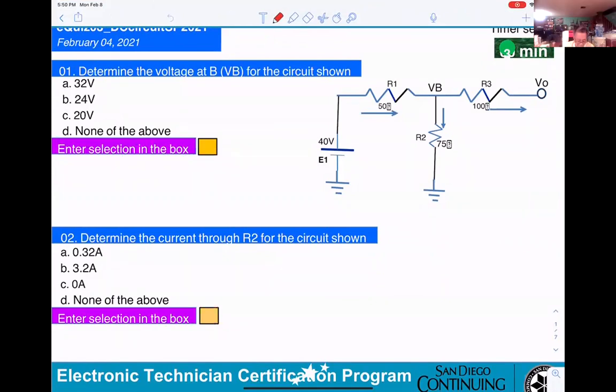Okay, the answer will be B. Now, if you're looking at this circuitry here, basically the current going to the V out is supposed to be 0 amp, right?